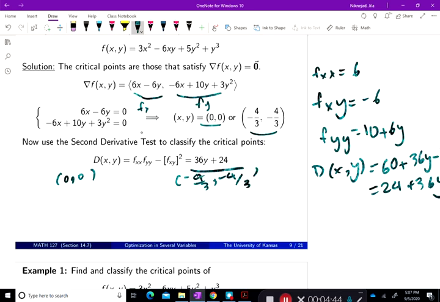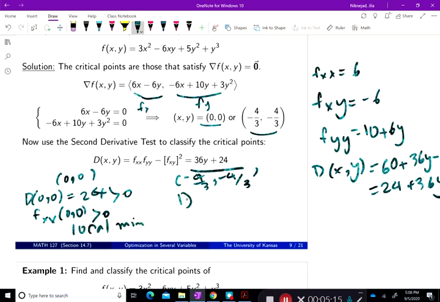When I plug in 0, 0, the discriminant at 0, 0 is going to be equal to 24. It's a positive value. Going back, if I look at f sub xx of 0 and 0, it is positive. Therefore, there is a local minimum.